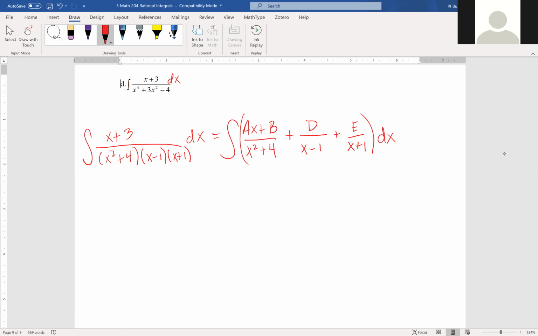Okay, but for D and E, even though you're subtracting and adding 1, that doesn't change the form. Each only gets a single letter, D over x minus 1 and E over x plus 1, because it's an x to the first power, not x squared. Okay, I got you.